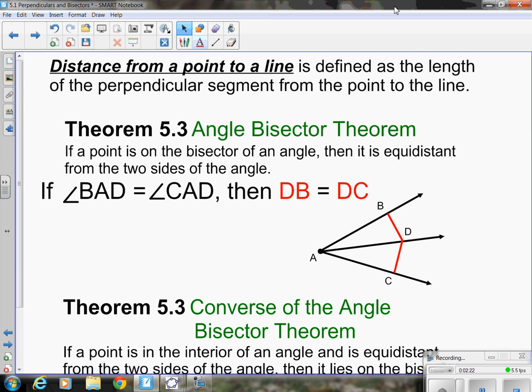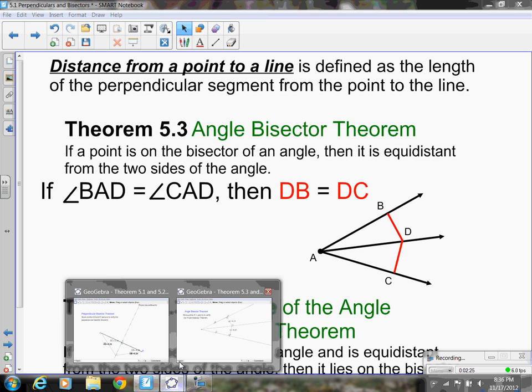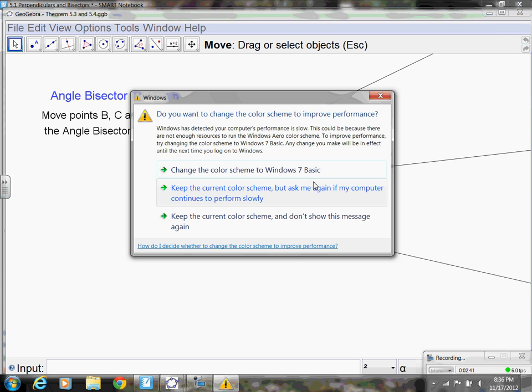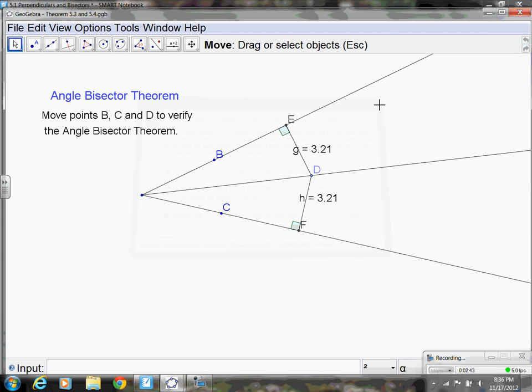The next theorem is the angle bisector theorem. I don't have this angle measured, but this angle and this angle are congruent. It divides this angle into two congruent pieces.